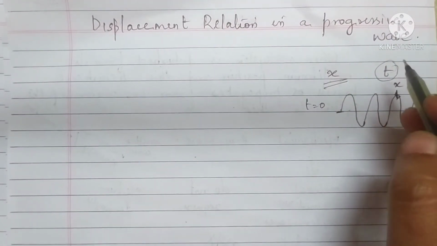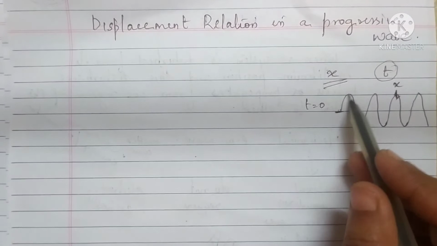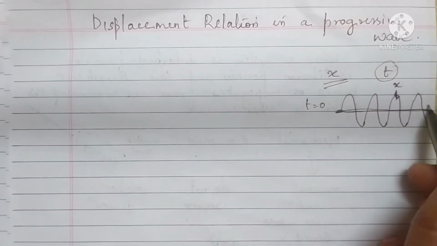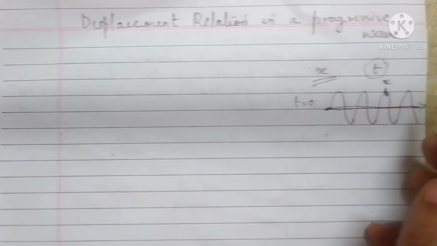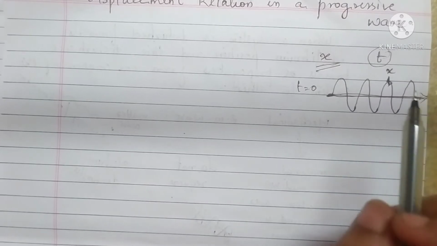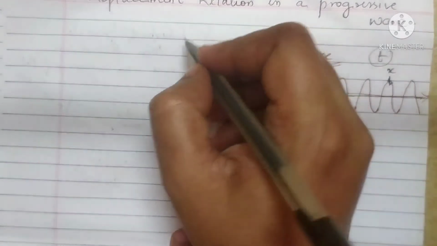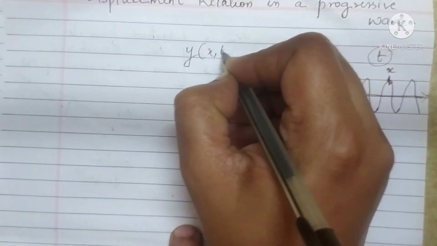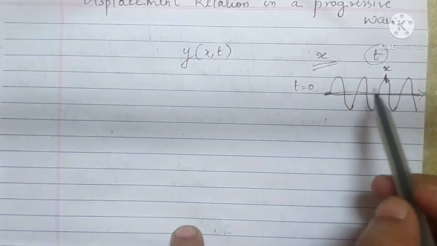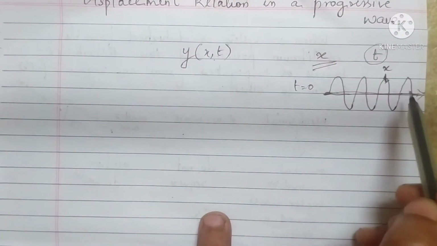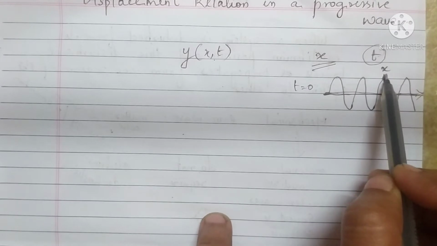Okay. Suppose you consider a wave traveling in the positive x direction. Now, the displacement you can denote as y. This displacement denotes the transverse displacement of the element at position x at time t.